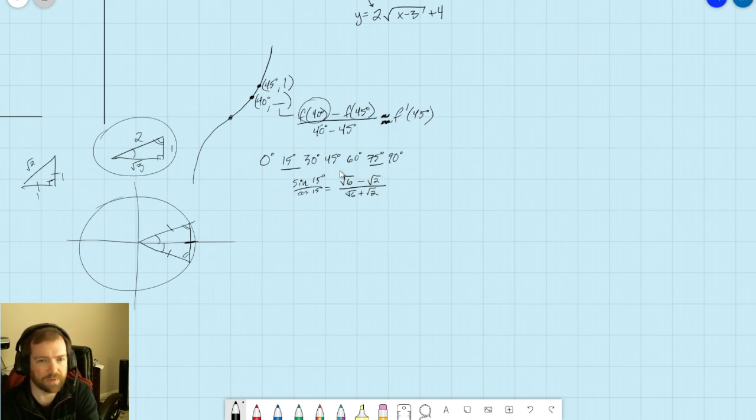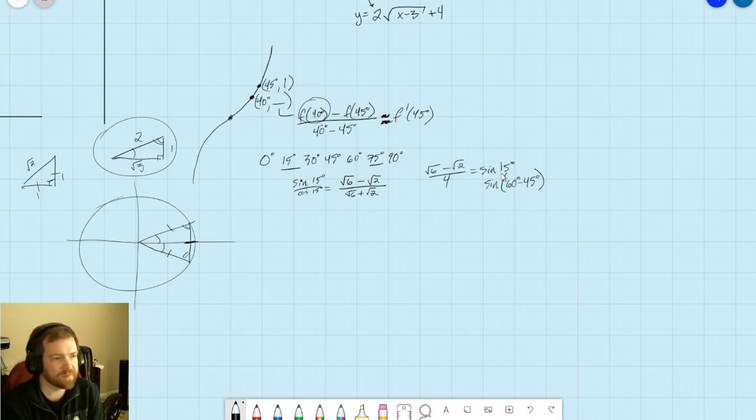Like sine of 15 degrees, root 6 minus root 2 all over 4, is the sine of 60 minus 45. Yeah, that'll work. Or a few other ones. Anyway, yeah.